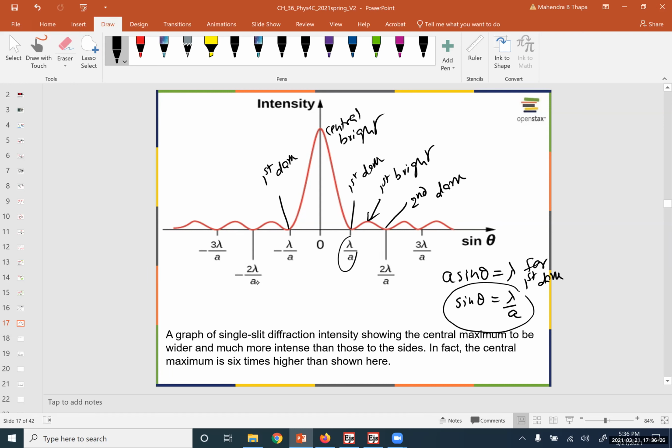We can say this is the value of sine theta 1, this is the value of sine theta 2, this is sine theta 3, just like that. To the other side, it will be the value of sine theta 1. So this gives the pattern of how intensity looks in the single slit.